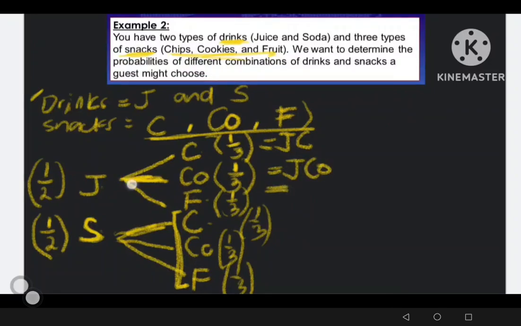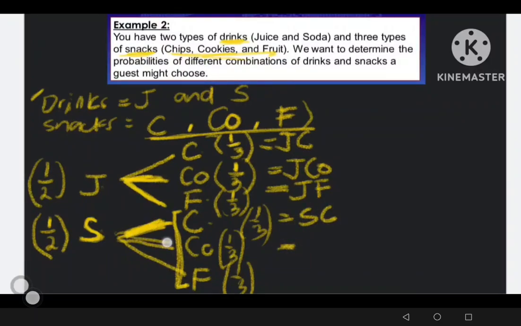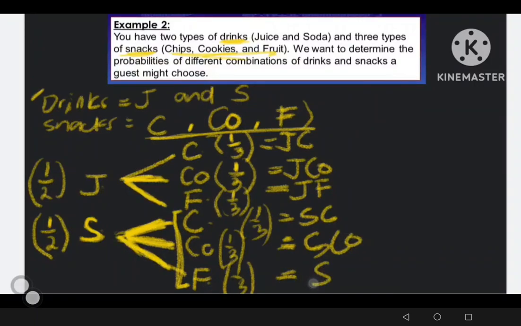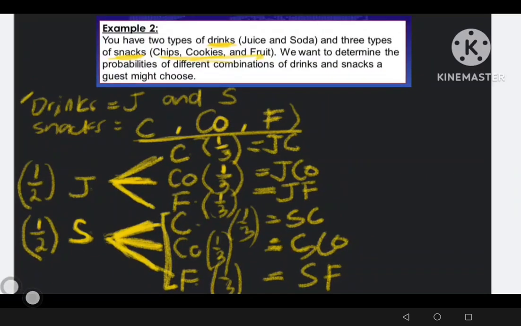We also have this one, juice and fruit. And then here, soda and chips. We also have this one, soda and cookies. Last one, soda and fruit. So that's our combination.